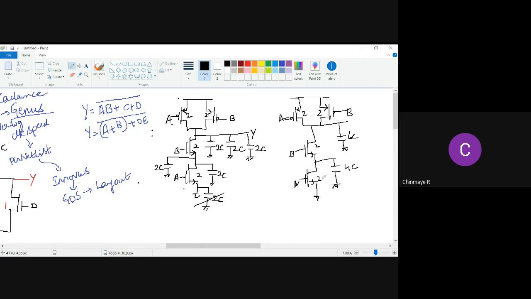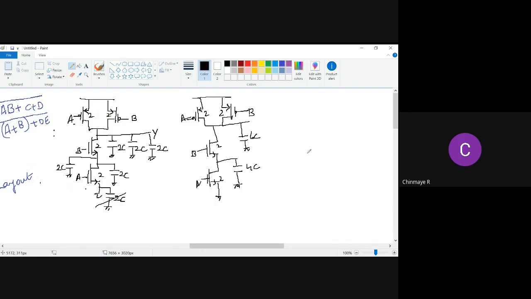Okay, so now if I have to represent the discharge, the discharging happens when both A and B are equal to logic 1. Then I'll have a path which is something like this. I'll have a resistance R by 2, and another resistance R by 2 going to ground, right?